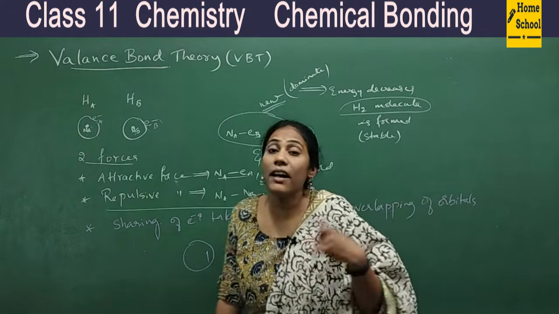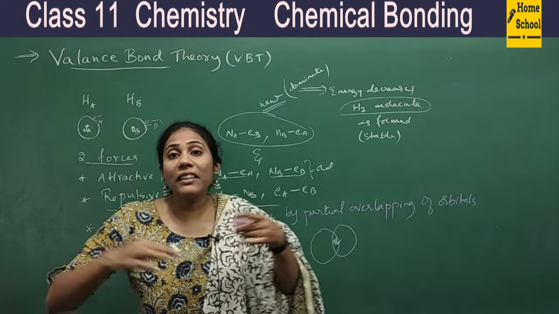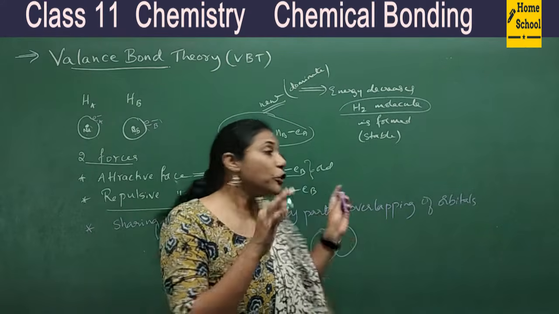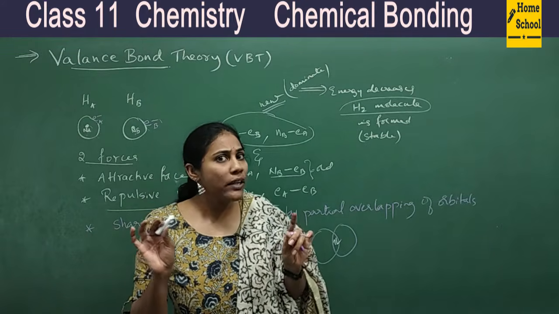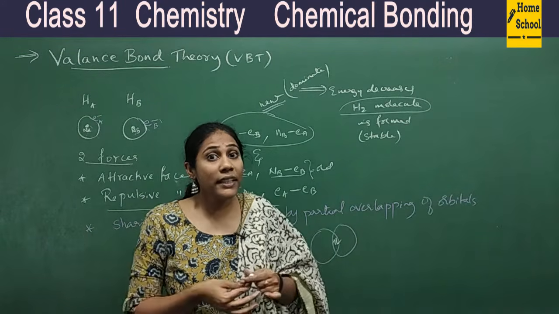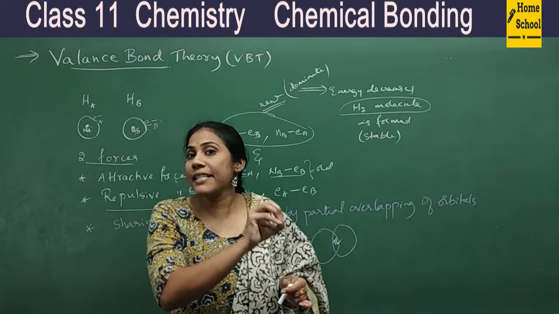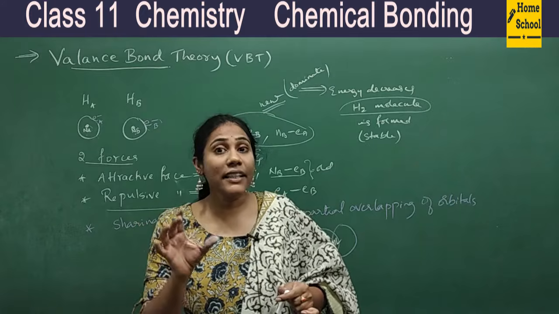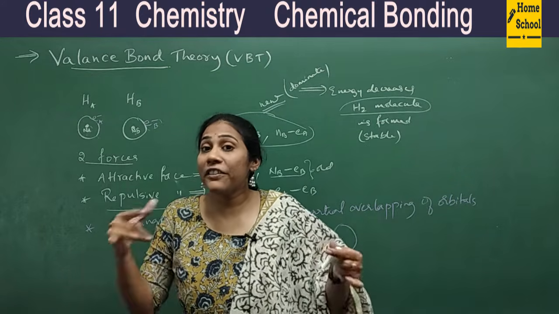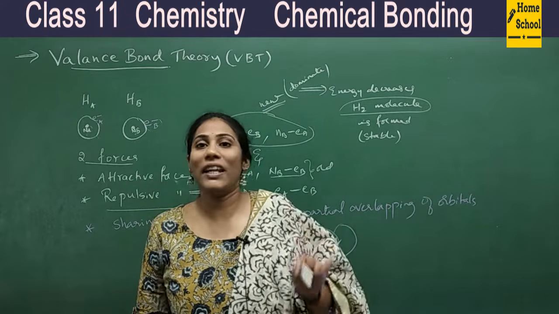Now let us learn what the conditions required for overlapping of orbitals are. Atomic orbitals do not overlap under all conditions. There are certain rules for these atomic orbitals to overlap. So let us study the different conditions under which atomic orbitals overlap.